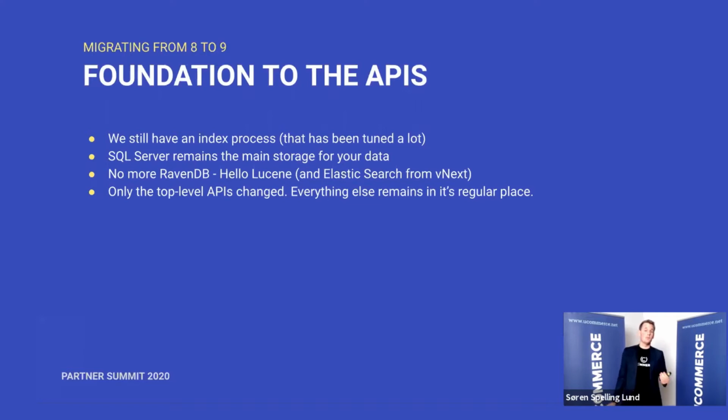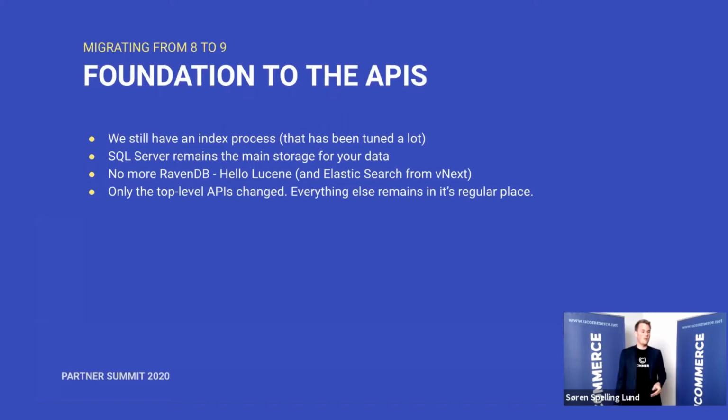So going to 9, we will still have an indexing process that has not changed. Besides, the performance of it has been improved drastically. The SQL Server still remains as the main storage for your data, even though that SQL Server is no longer the main presenter of the data, which it was previously in a combination with RavenDB, of course.